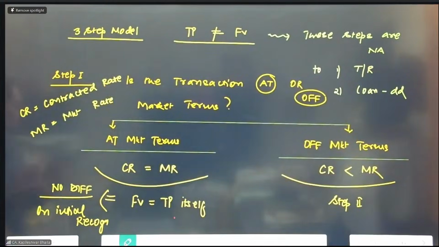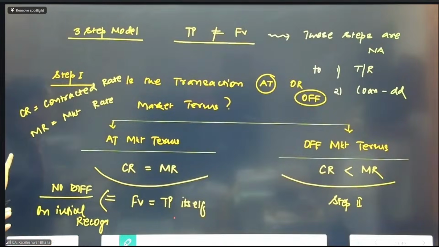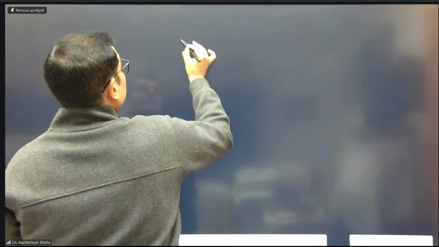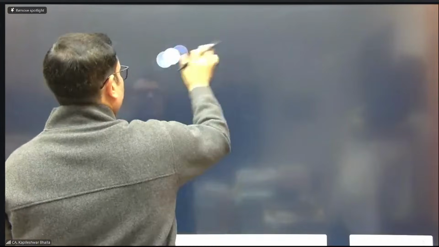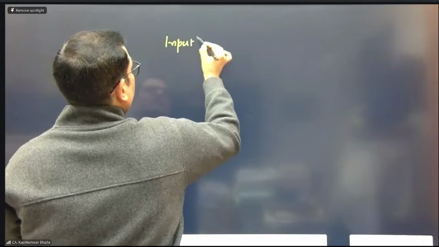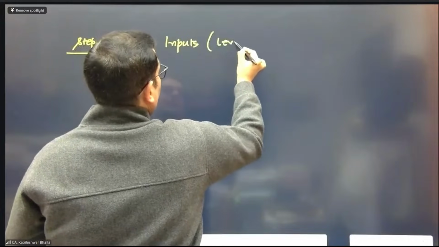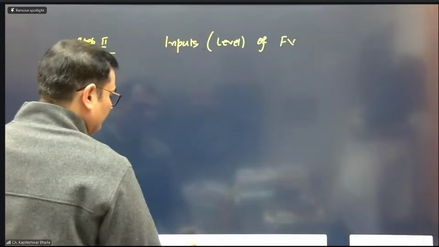So the first focus is only to consider whether the transaction is at or off market terms, as simple as that. Then we go to step number 2, and in terms of step number 2, we need to see what is the level of input of fair value.